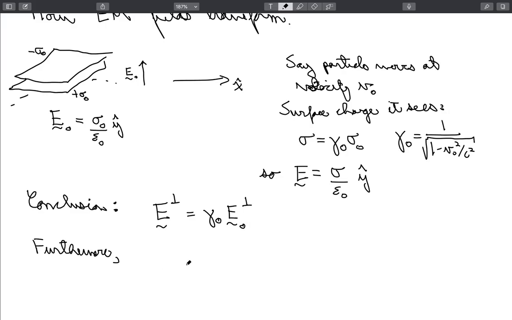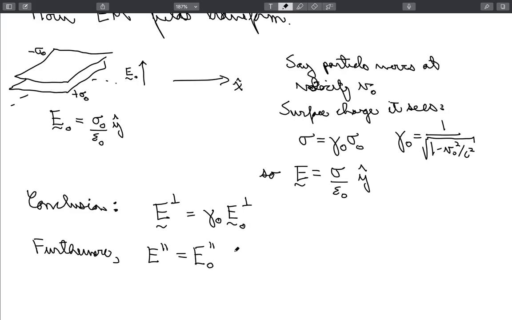So that means that we've just proven that the part parallel to the motion stays the same, because contraction only affects directions along the motion, and that doesn't change the surface charge density, so the thing is the same. Okay, so that's the transformation rule for electric fields that we have in this simple situation here.